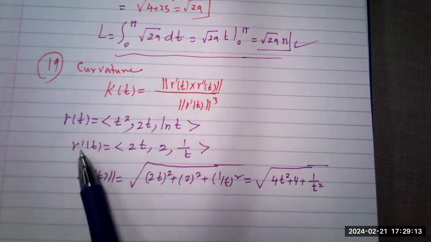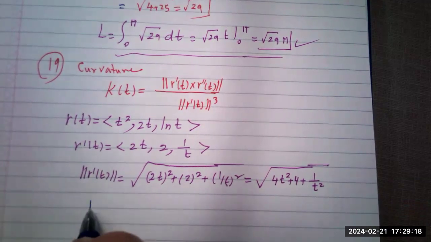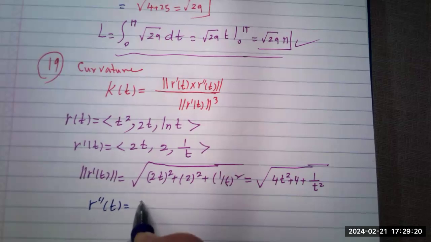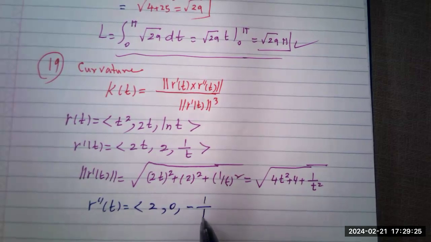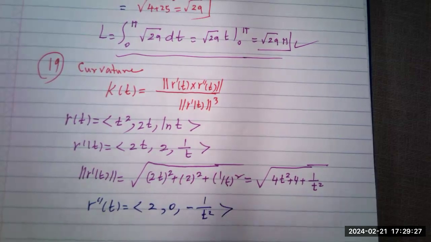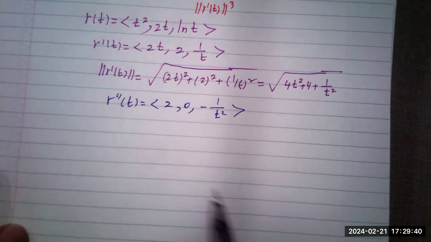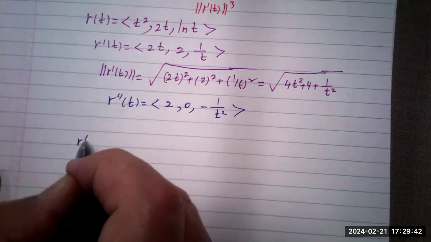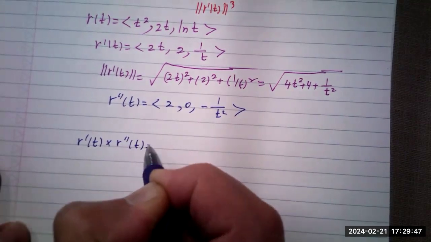So that's r prime, we need r double prime. Differentiate again. So r double prime of t is 2, 0, negative 1 over t squared. So that's r double prime. Get the cross product of r prime of t cross r double prime of t.